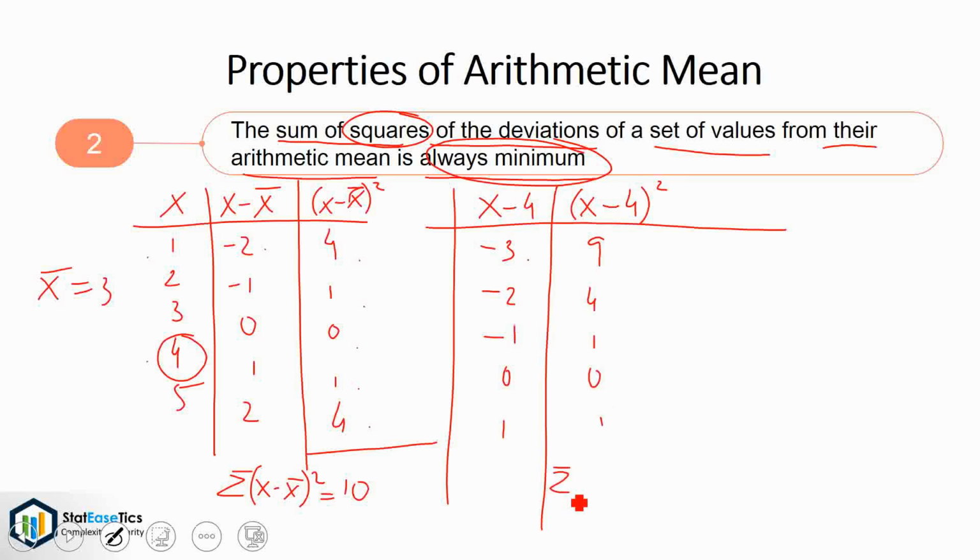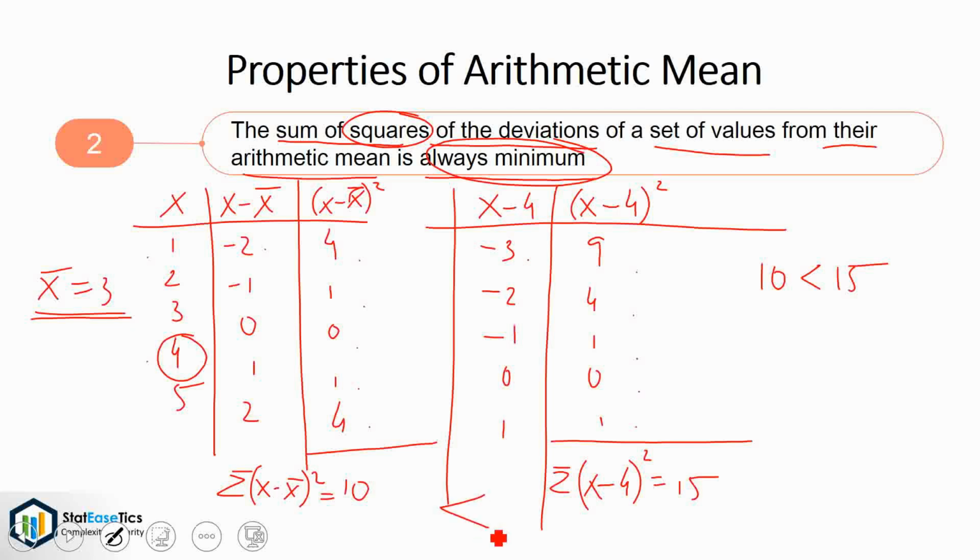And the sum of the square of deviation of each point from 4 will be 9 plus 4 plus 1 plus 0 plus 1, that is 15. As 10 is less than 15, hence from the property we can say that the sum of squares of deviations of a set of values from their arithmetic mean is always minimum.